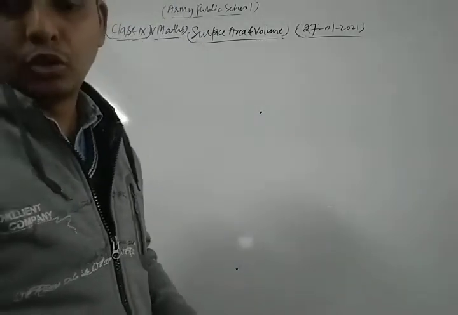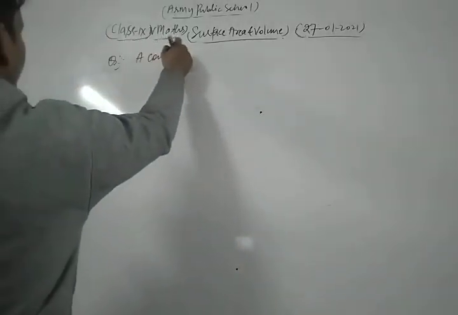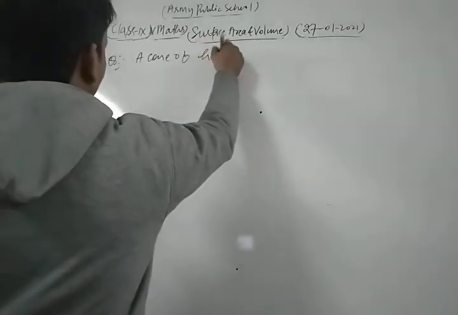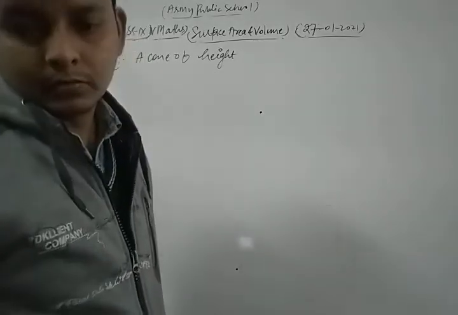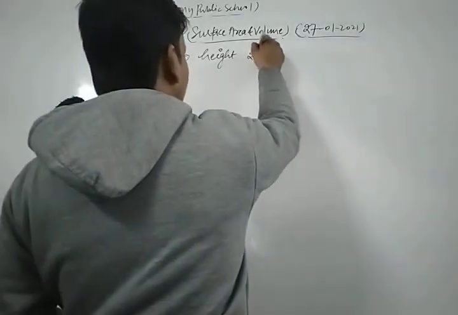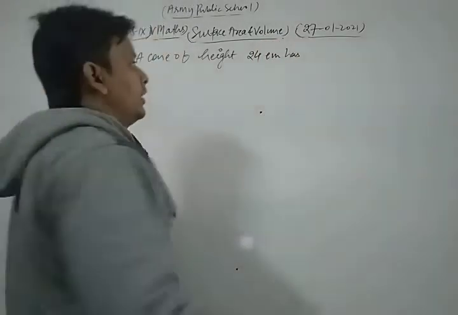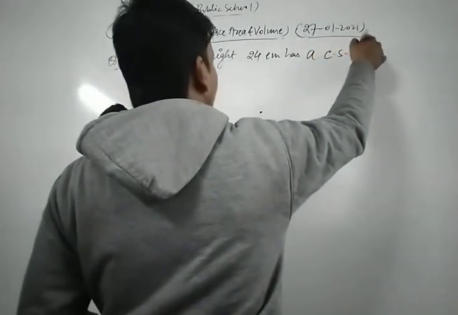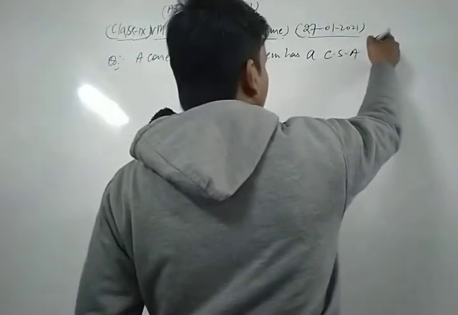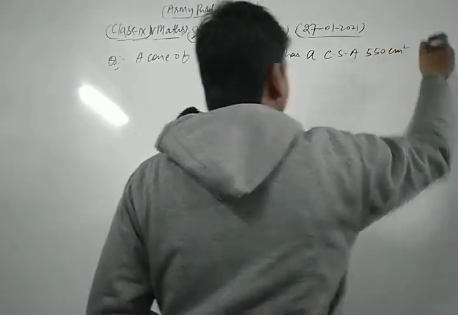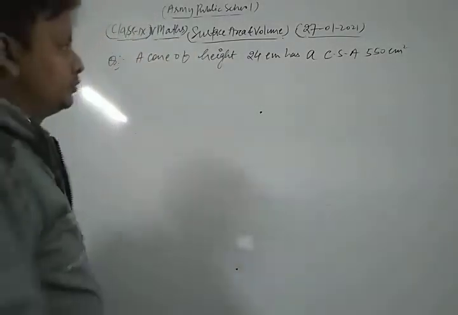Dear students, a cone of height 24 centimeter has a curved surface area 550 centimeter square.